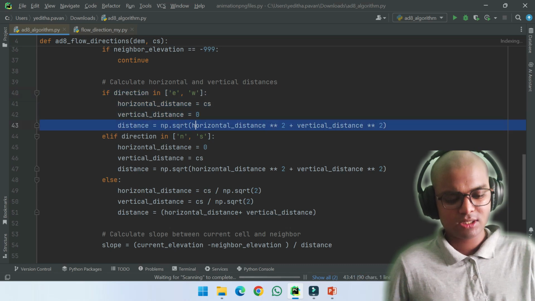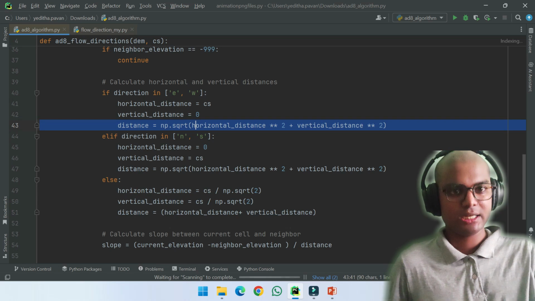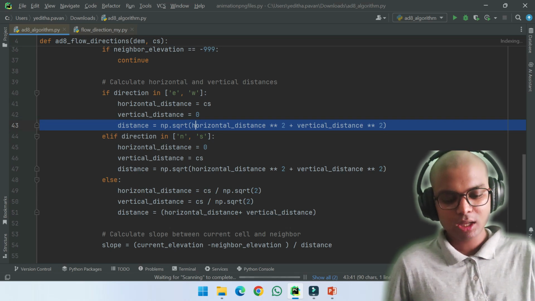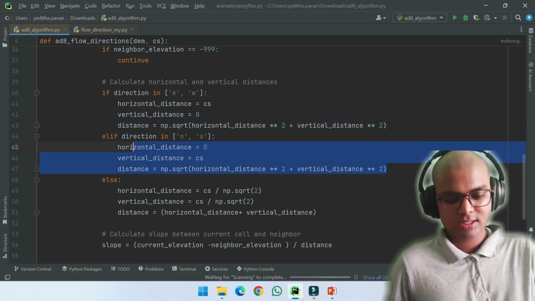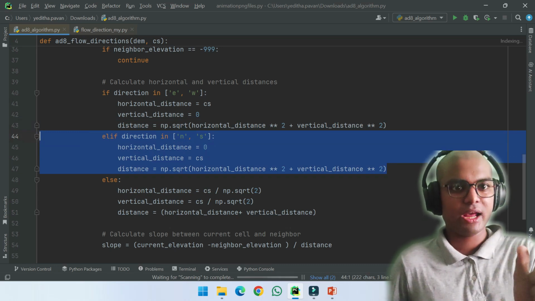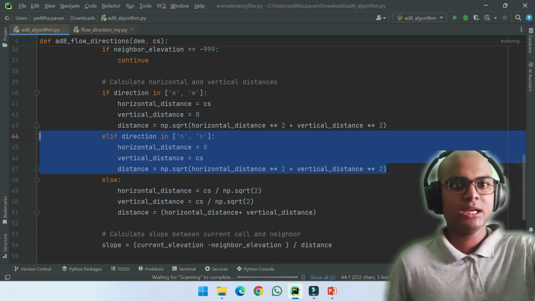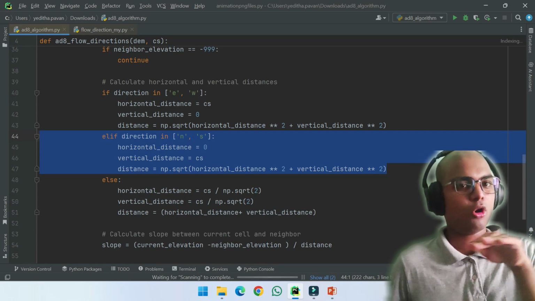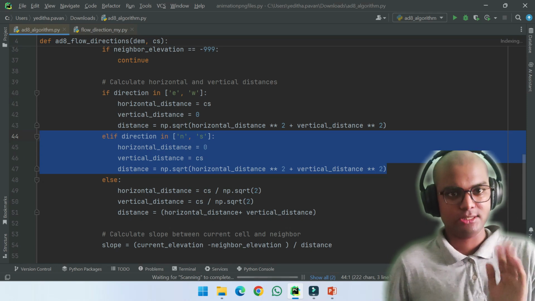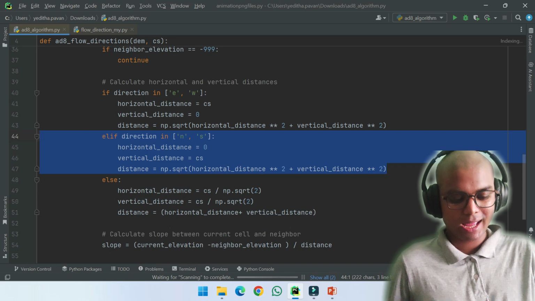So if we see the equation here, if we use this, the result would be 200 itself because the vertical direction is 0. The same goes for the next directions, which are north and south. Vertically it is changing, whereas the row numbers are not changing. So there itself we will get the distances for horizontal or vertical direction changes. Whereas when we think about incline, here if you see I've written else.